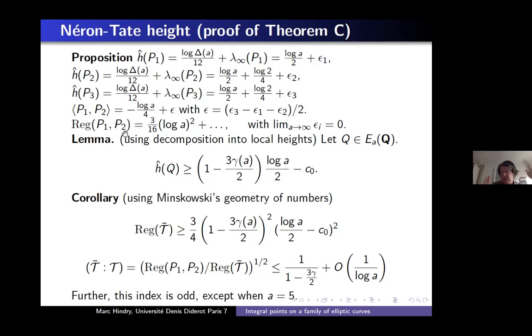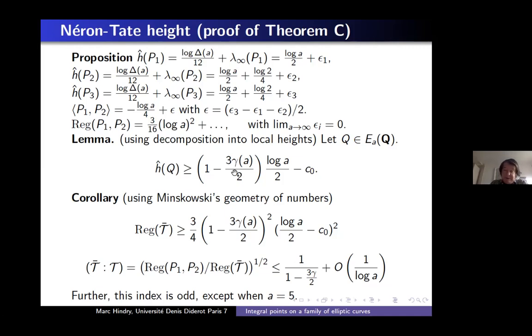We just have to plug in the formula; it's elementary algebra. I have not written the remainder term, but the main term for the regulator is 3/16 log A squared. That's the important feature.